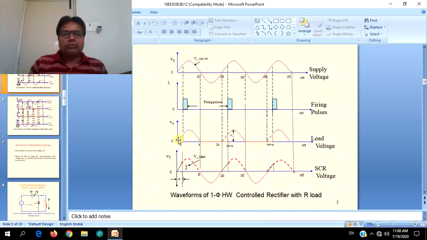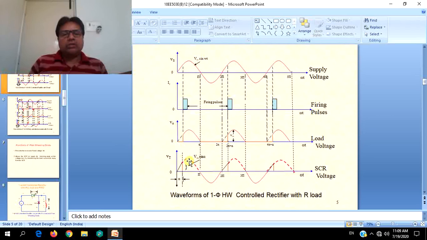No voltage will be reaching the load. This is the load voltage waveform, and this is the voltage waveform across the SCR. Once the SCR conducts, the supply voltage as it is appears across the load and it follows the same sinusoid shape. As the SCR is closed, it acts like a short circuited contact or simply a closed switch.